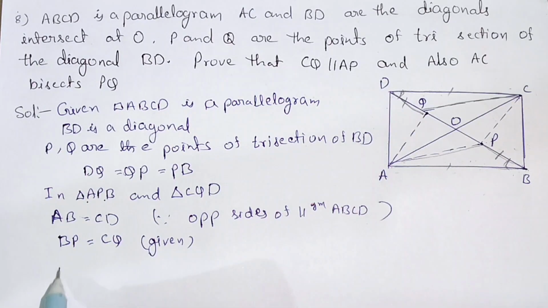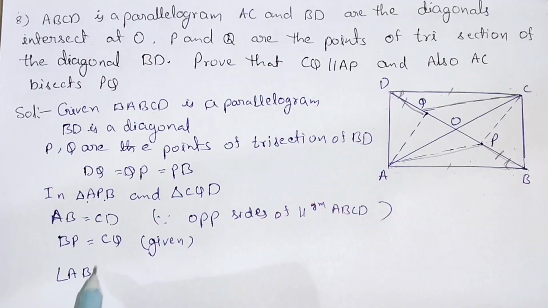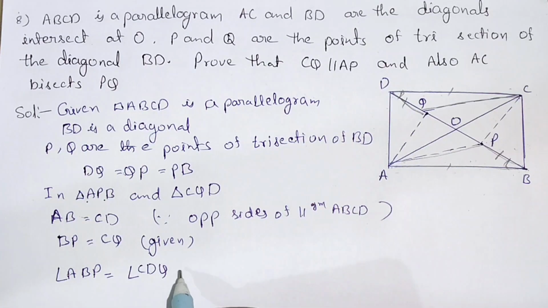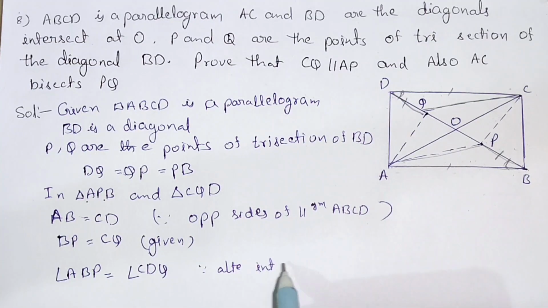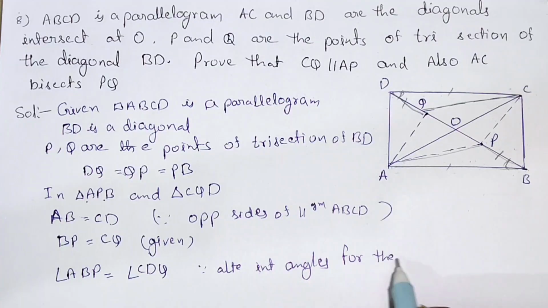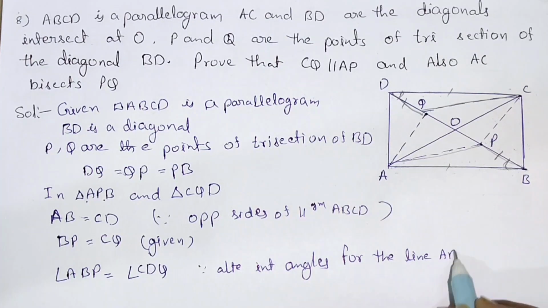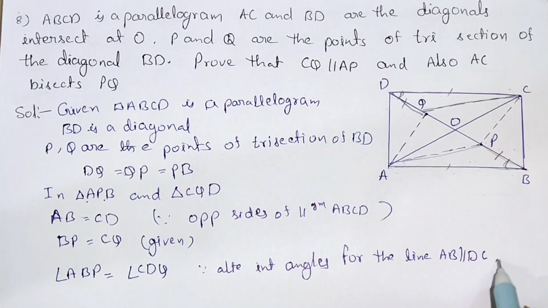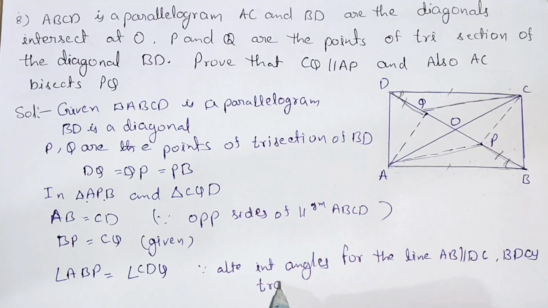Next, angle ABP equal to angle CDQ, since they are alternate interior angles for the lines AB parallel to DC and BD as a transversal.